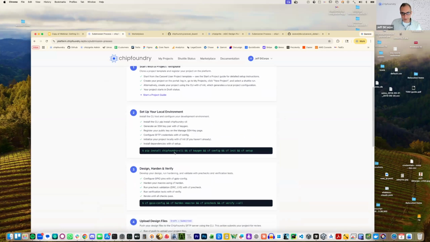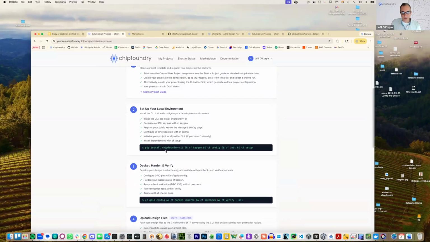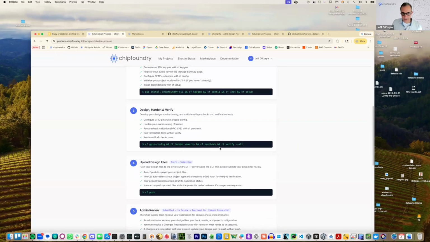Again, today we primarily use a tool called the Chip Foundry CLI, or the CF CLI. That's something that you would pip install locally. After you pip install it, you can run a set of commands to set up and eventually submit your project. You can actually run most of the commands right from there, including hardening and pre-check and verification.